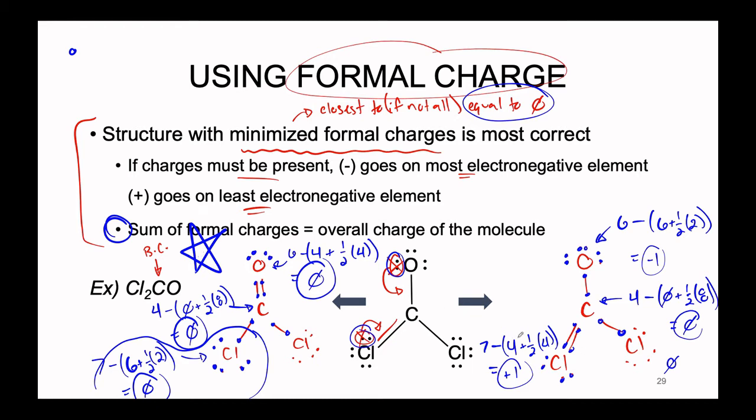This means that we do not have any type of resonance option with this particular molecule. There is just one stable output, one stable Lewis structure that we can draw that is going to be the more likely case because of its minimized formal charges.